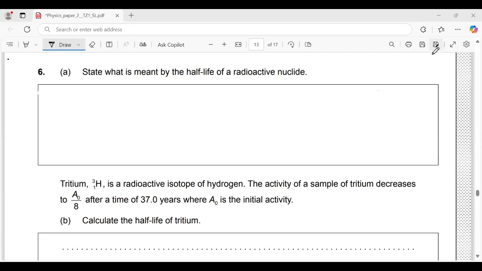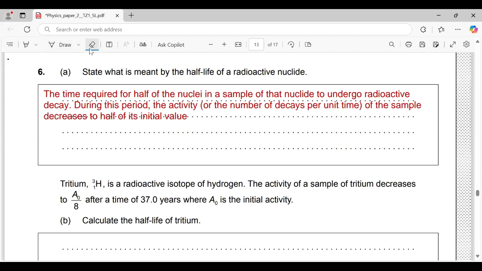For number 6, I have provided my explanation: it is the time required for half of the nuclei in a sample of that nuclide to undergo radioactive decay. During this period, the activity, or the number of decays per unit time, of the sample decreases to half of its initial value. That is the meaning of half-life of a radioactive nuclide.